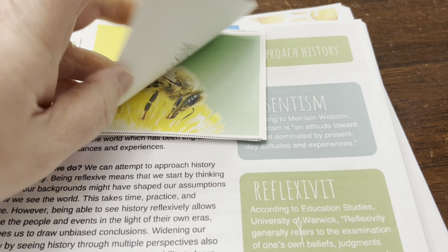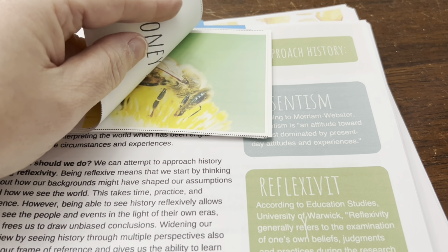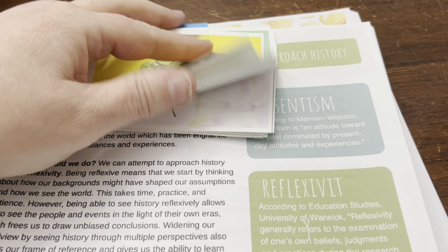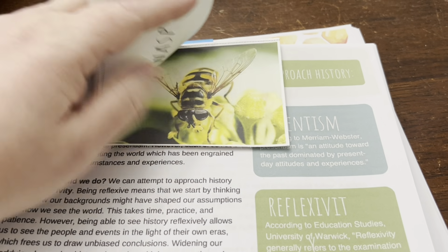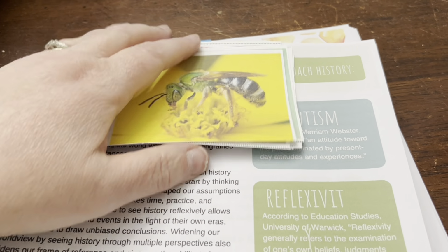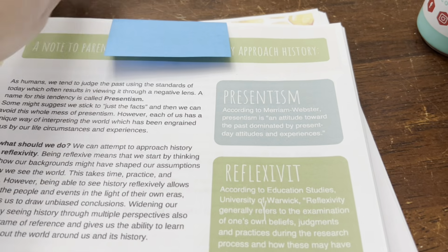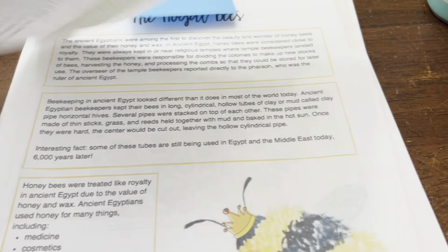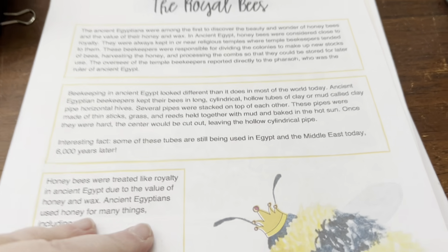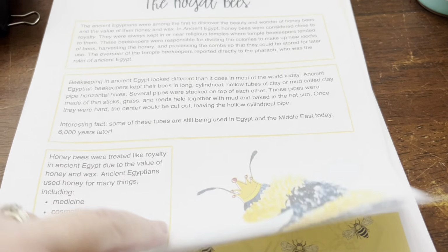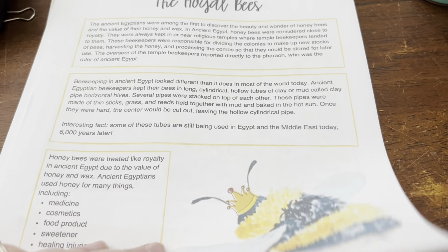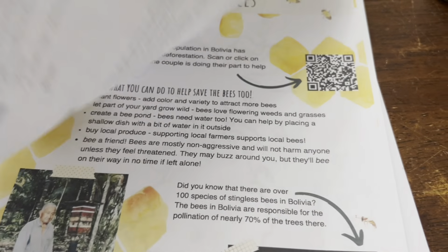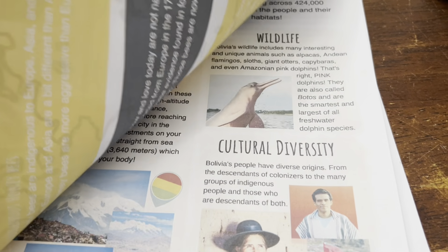This was a little game that we played, I think, in the first unit. And I think this came from the Patchwork study. You had to pick out the honeybees versus the other bees based on identifying them in the picture. And then these are some other things that I pulled from the Patchwork study, like some history stuff. And this is some geography stuff that we're gonna add in.